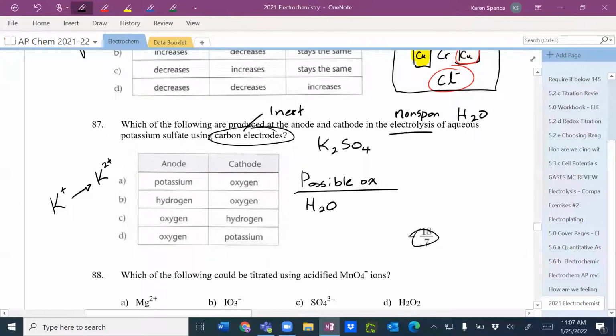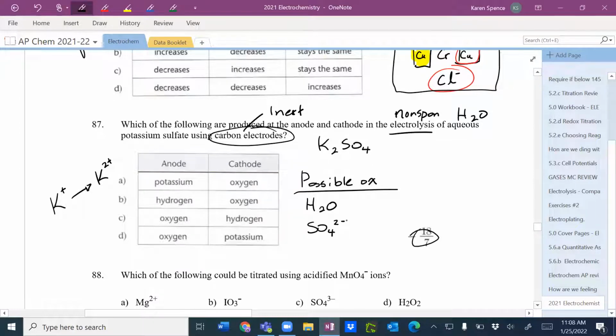And the answer is no, it can't. It does not want to lose a second electron because its second electron after it loses the first one is not on that outer shell anymore. It's on a new shell that's closer to the nucleus. So not K, let's take a look at SO4 and see if it can get oxidized.